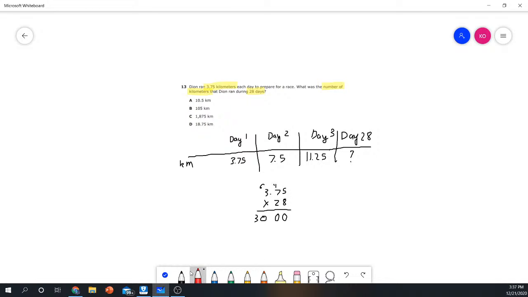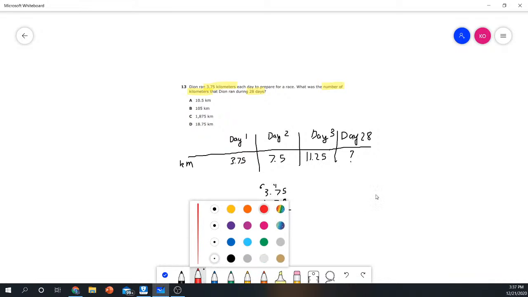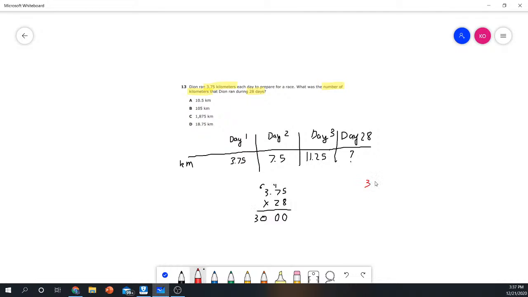Let me demonstrate actually. 375 times 8 would have given us 3,000. But because we're multiplying with the decimal 2 places to the left, we have to move the decimal 2 places to the left. So the decimal is right there.